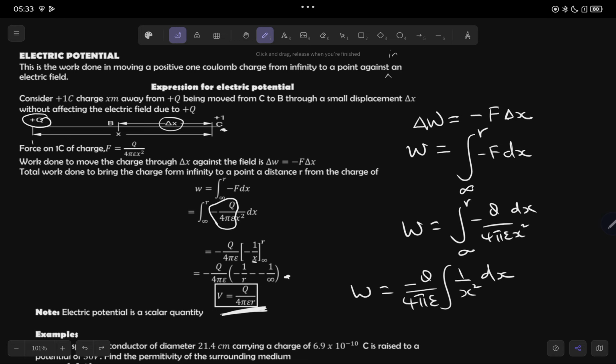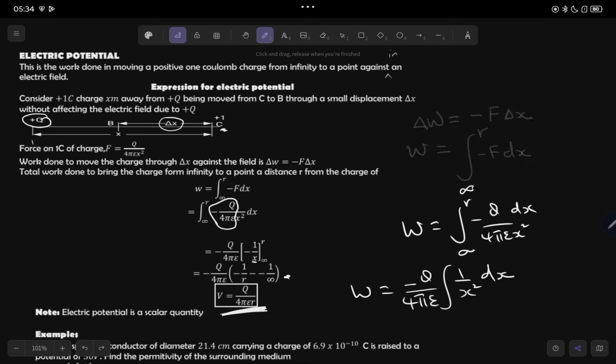So electric potential is given by Q over 4 pi epsilon R, where Q is the quantity of charge, and R is the distance of the point where we want to find electric potential from the charge that we are considering.